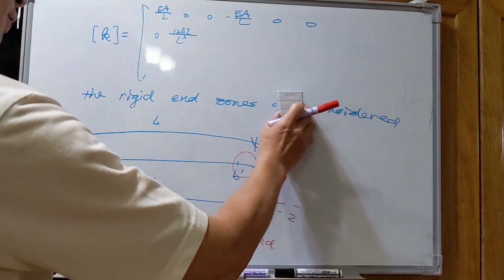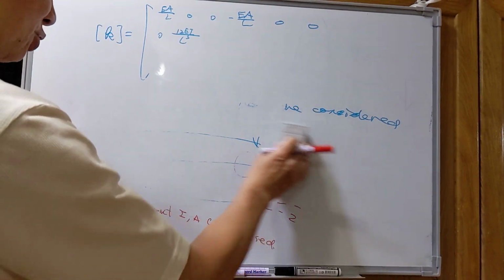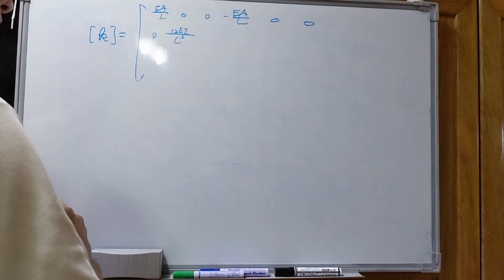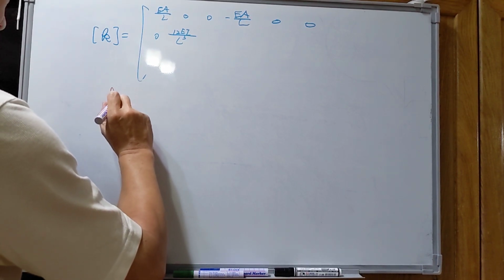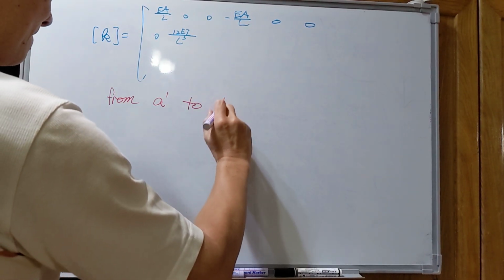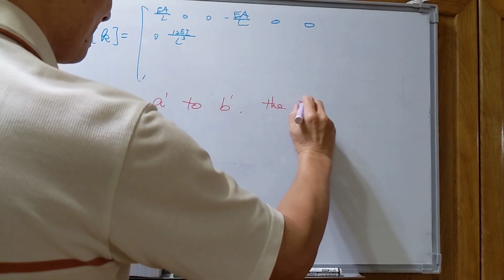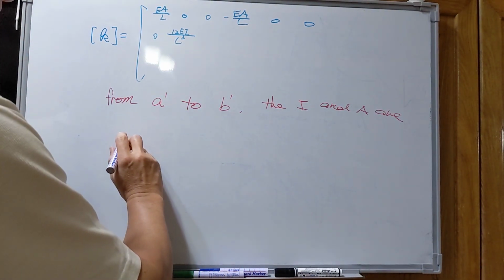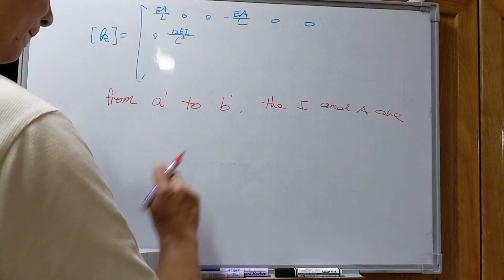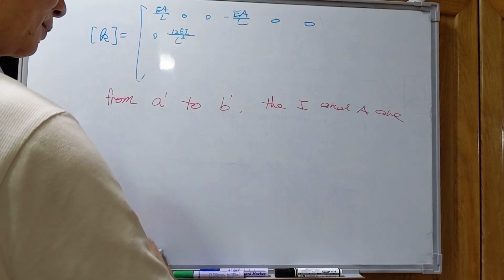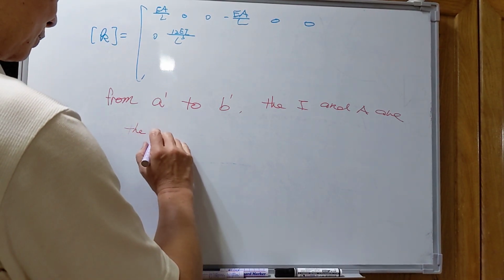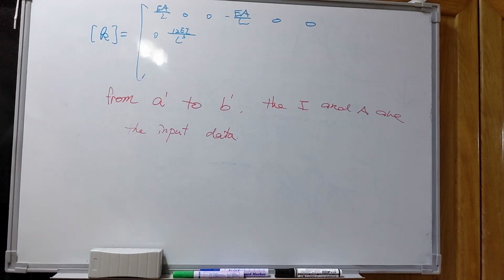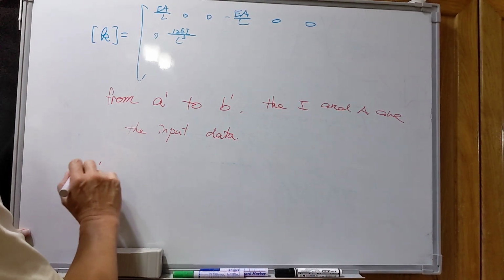In this case, first we will try to add two middle node points. From A prime to B prime, we can calculate the K prime first.